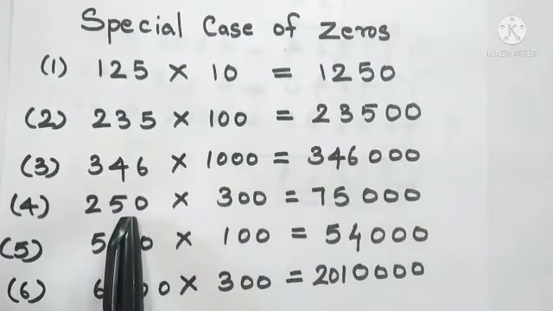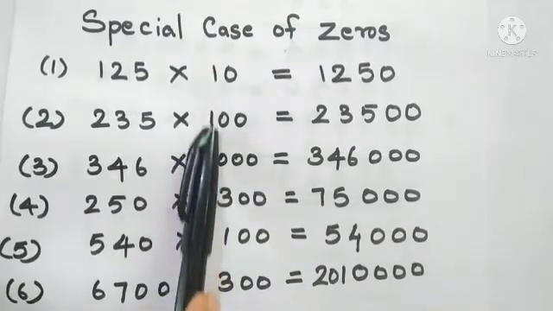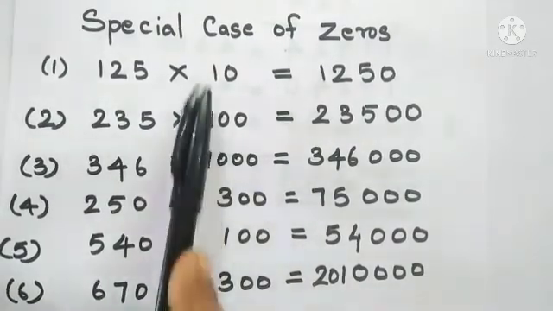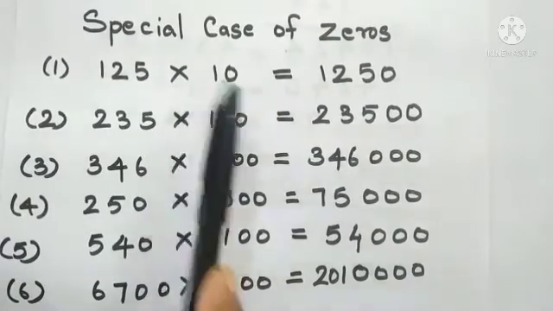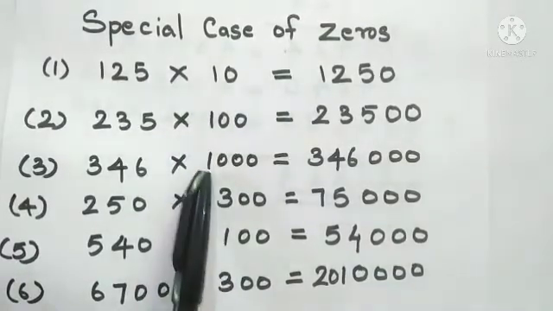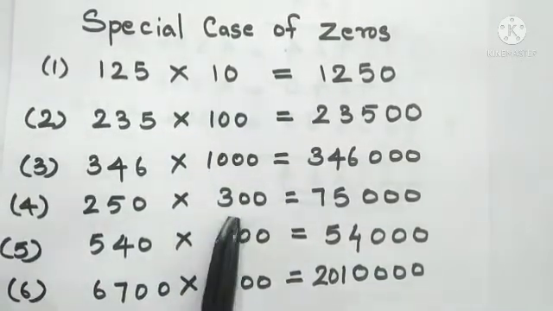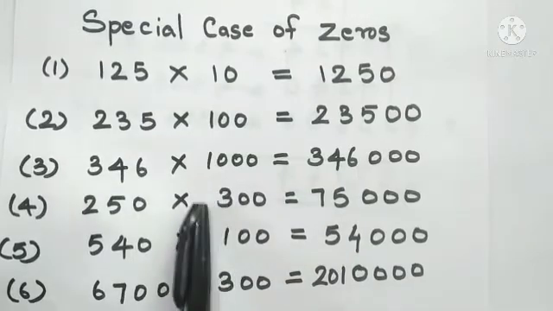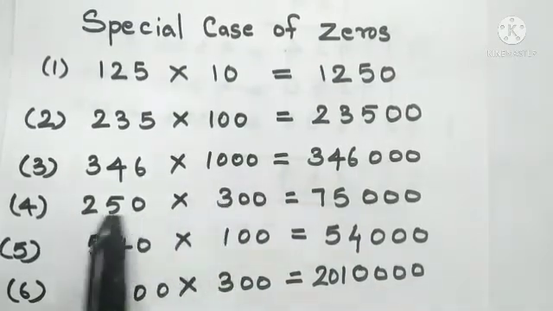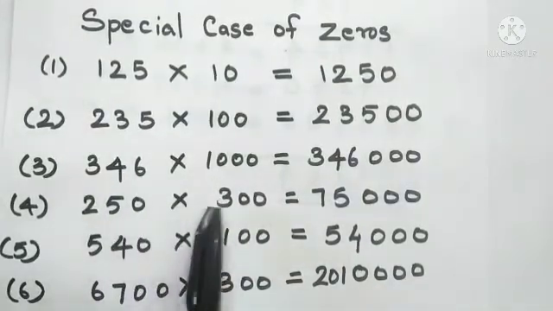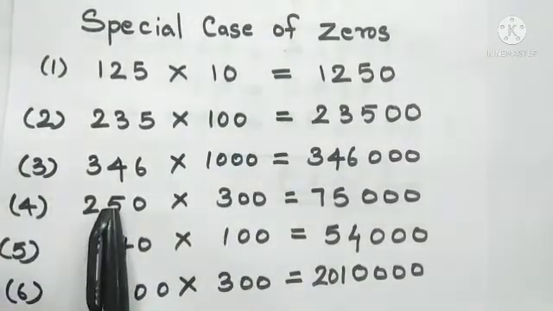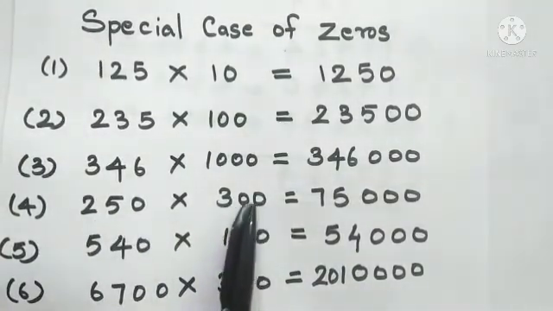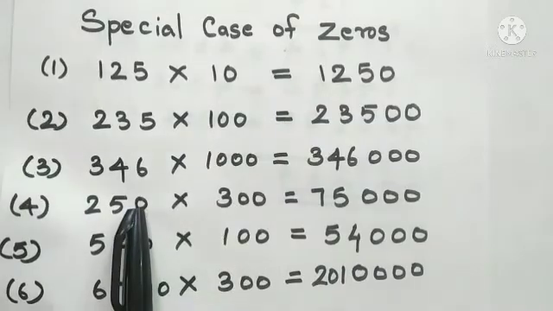Okay. Next, in all these 3 cases, zeros over 1 was there: 10, 100, 1000. But in the fourth question, here not 1, here it is 3. So you multiply with this 3 here. How many zeros altogether in these two numbers? Here 1, 2 and here 1.